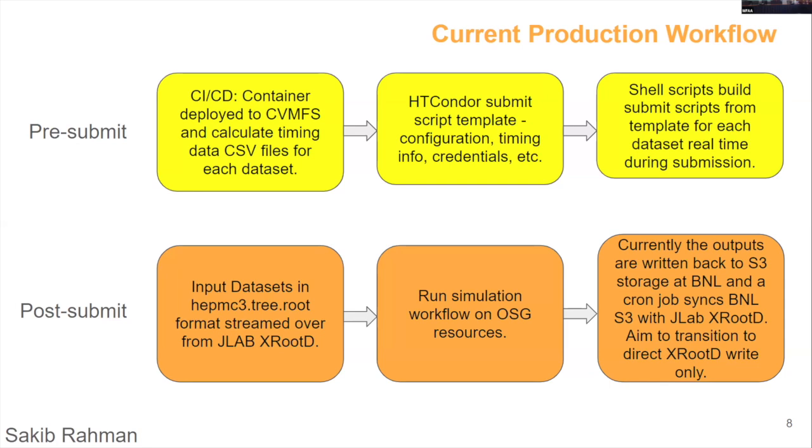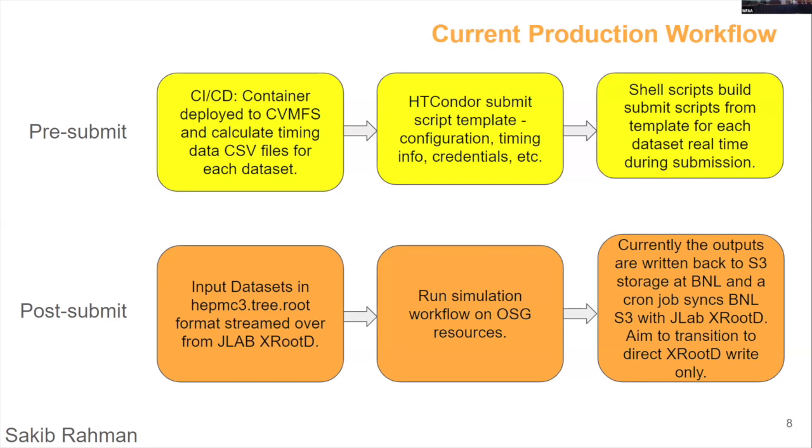There's an HTCondor submit script template that gets modified based on what configuration we're running, the timing info, credentials, things like that. And then there are a couple of shell scripts that build the submit script from the template each time for each data set in real time during submission.